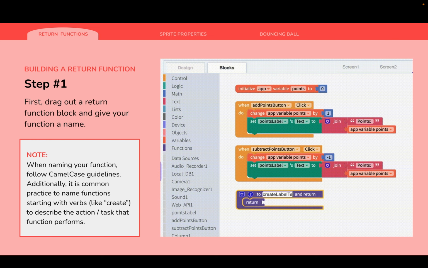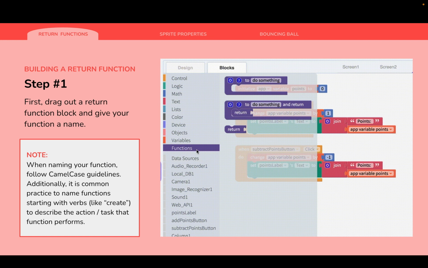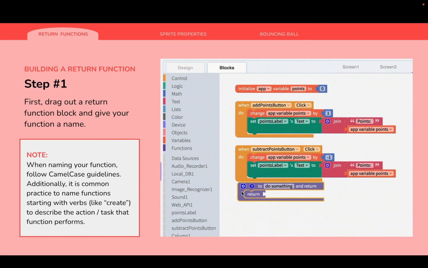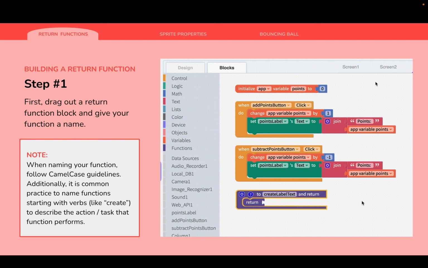And so if I'm trying to describe what this function does, it's probably best that I name it with a verb that explains what it does. So I've decided to name this function the createLabelText function. So that's what this function does. It creates the label's text.